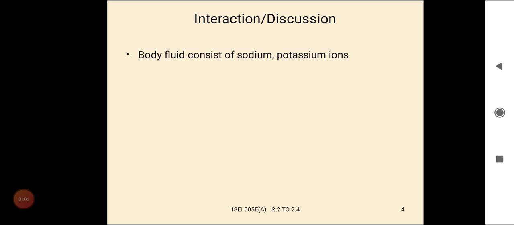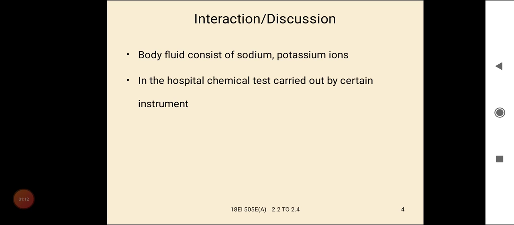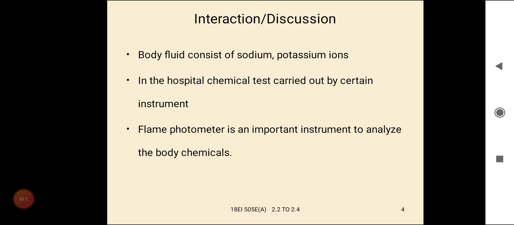Body fluids consist of sodium, potassium ions. In the hospital, chemical tests are carried out by certain instruments. Flame photometer is an important instrument to analyze the body chemicals.